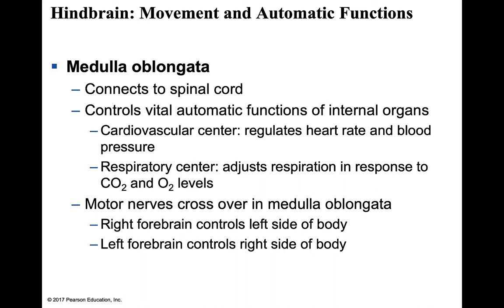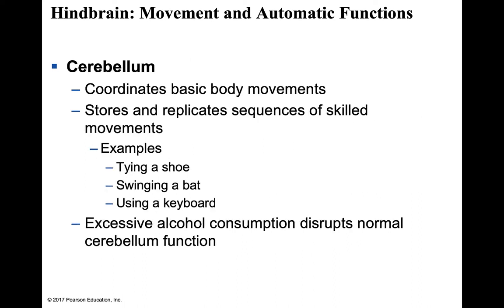You may know someone that's actually suffered from a stroke, and if the stroke happens to be on the right side of the brain, the left side of the body is what's going to be impacted, and vice versa. So that's a really important distinction that you want to make sure that you are comfortable with regarding the medulla and this crossover of the motor neurons that actually takes place at the level of the medulla.